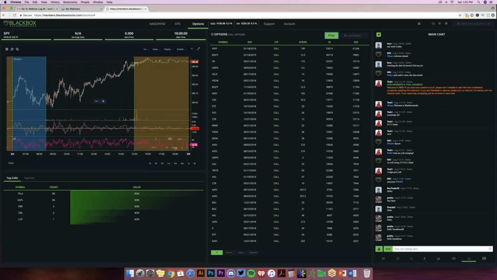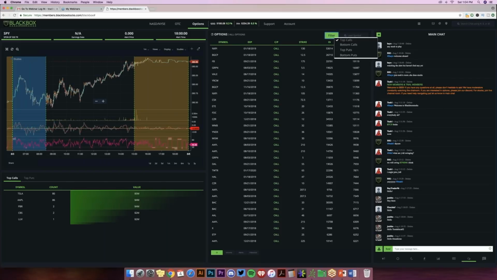It's actually filtered. If you click on the filter button, and the filter button is going to be important in every single one of these tabs because it will change your view. Right now we're looking at top calls. What this is saying is, for instance, for NXPI, the change in open interest from the previous day is 41,246 contracts that remained open.